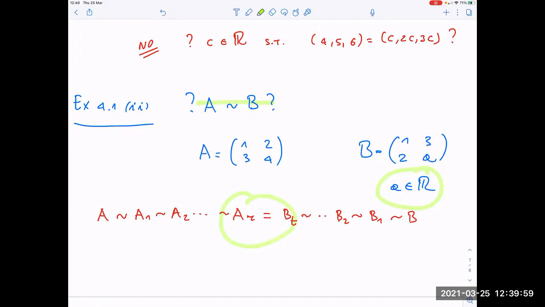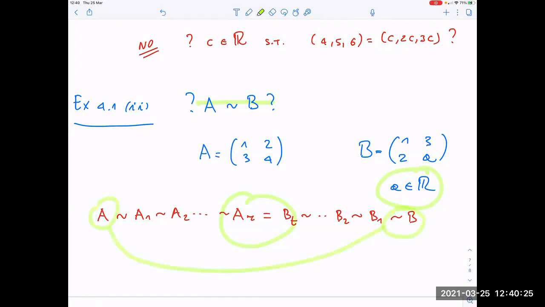Okay, so what do you think? For what values of a is it true that A and B are row equivalent? Well, when you learn, you have to do experiments, right? This is experiments. And then there is theory telling me that if I have this chain, then I can do this.